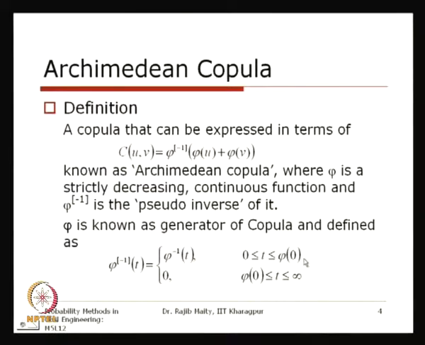From 0 to phi 0, we take the simple inverse of that function, and beyond that range, from phi 0 to infinity, it should be 0. That is what the pseudo inverse means. Now we will see some examples of the Archimedean copula along with their generator phi, then it will be more clear.